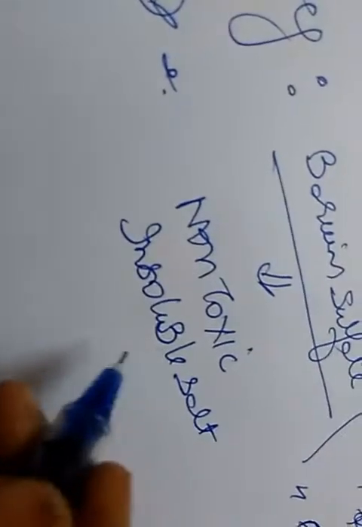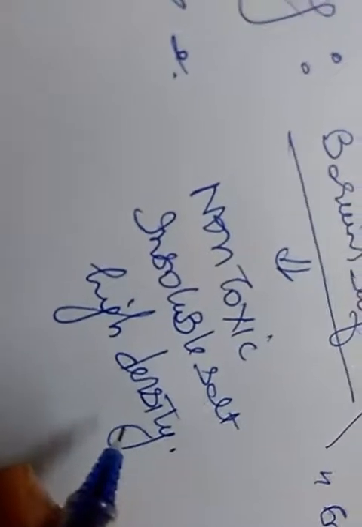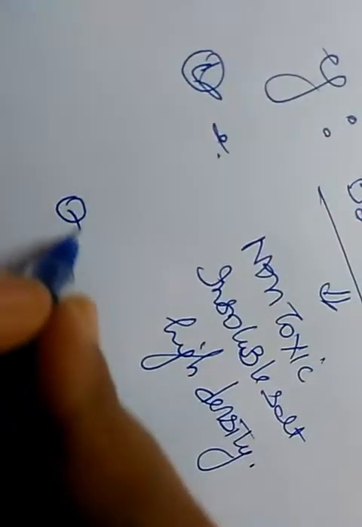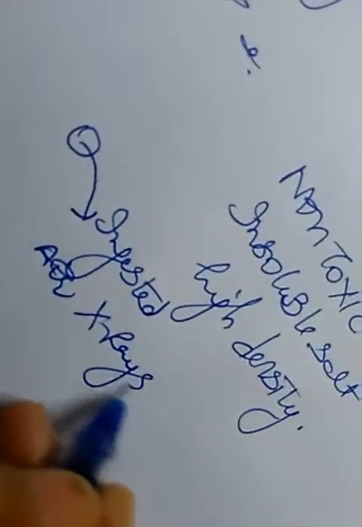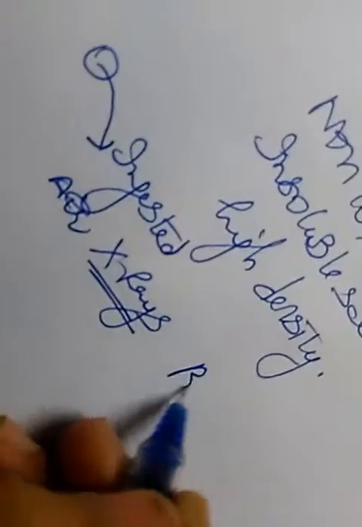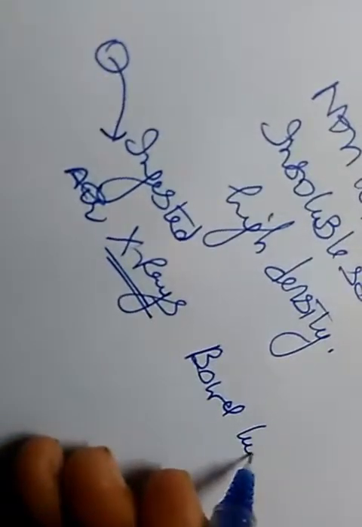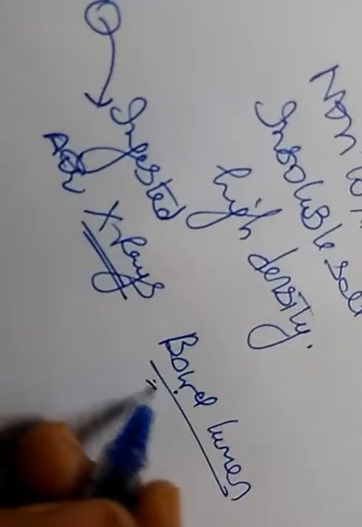It has high density, so it is useful for checking GIT loops. When the barium sulfate is ingested, it attenuates the X-rays, and then we can see the bowel lumen, because otherwise it would appear black.